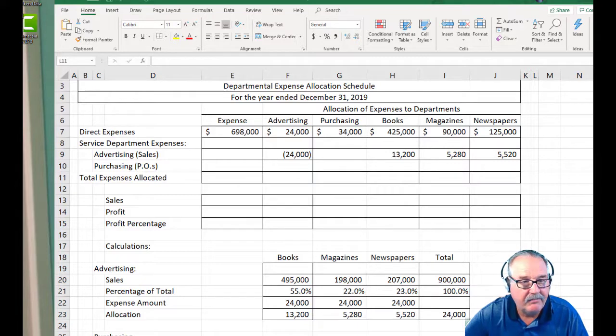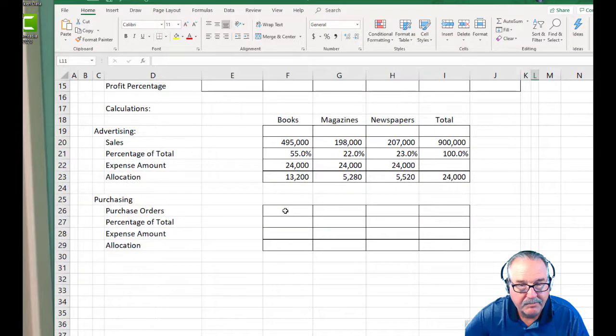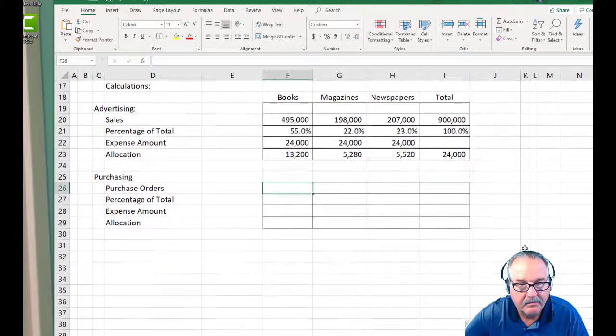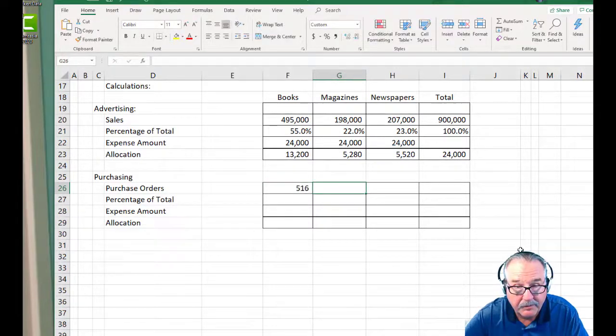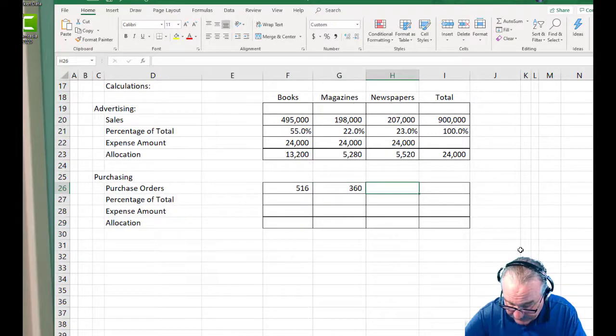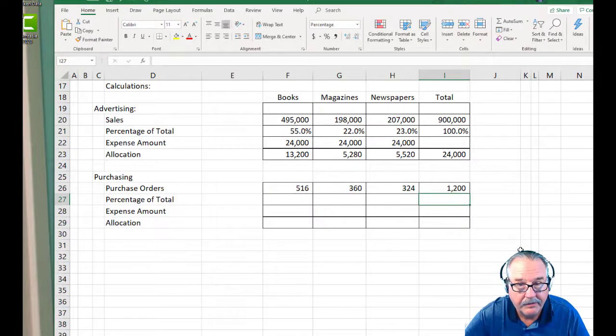We can do the same thing for purchase orders. They gave us the purchase orders in the problem: $516 for the book department, $360 for magazines, and $324 for newspapers, and the total is $1,200.